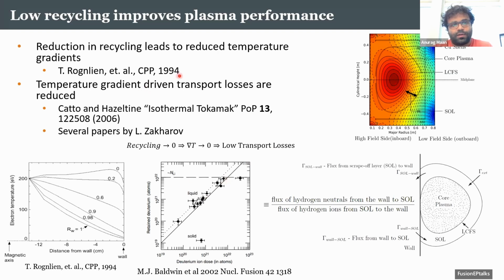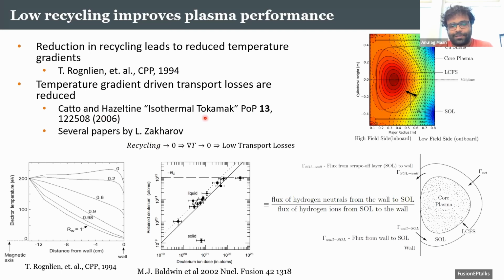This started in the mid-90s when Tom Rognlien, who I think is one of the principal authors of UEDGE, demonstrated on a bunch of UEDGE simulations that the temperature profiles flatten out as you reduce recycling. And then that was followed by neoclassical transport investigations in several papers by Leonard Thakral, and one I'd like to highlight by Kato and Hazeltine called isothermal tokamak.